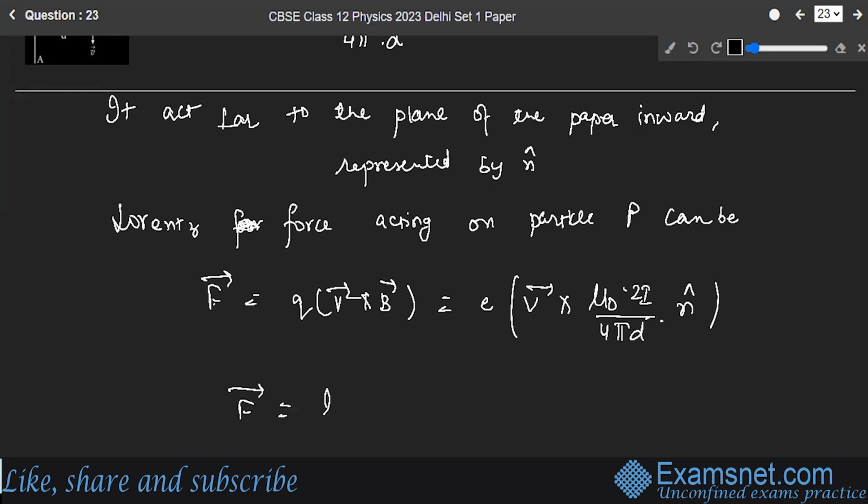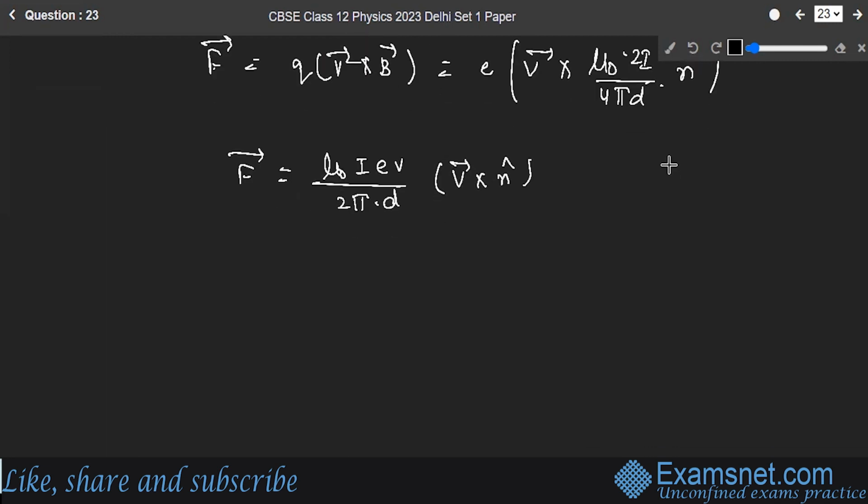So F is equal to mu naught I q v upon 2 pi d, v vector cross n vector. So the force is mu naught I q v upon 2 pi d, acting in the plane of the paper away from the wire.